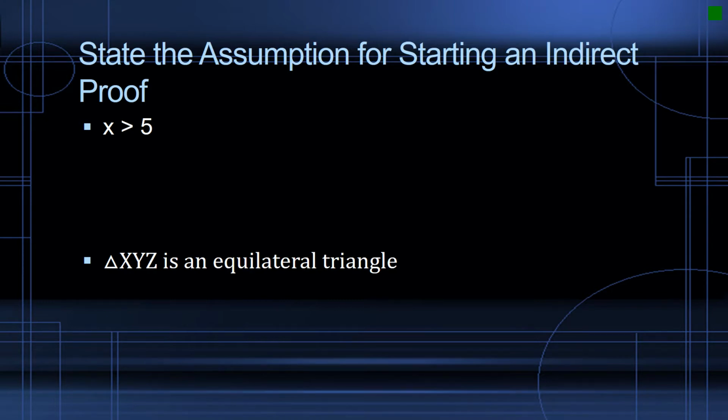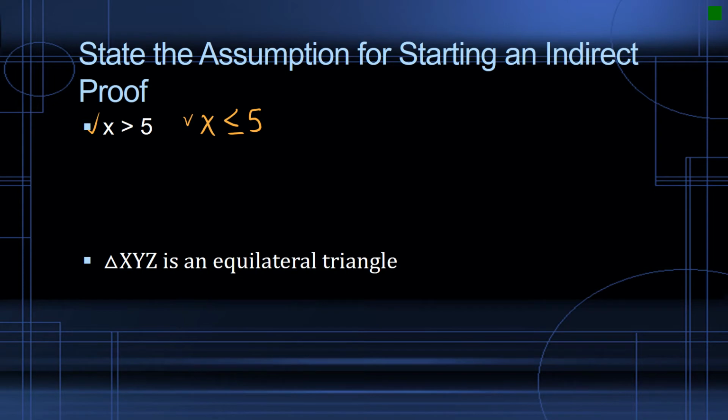So the way we would reframe, let's say x is greater than 5, well, we could say that x is less than or equal to 5. So that's taking the original statement and then stating an assumption that would be the opposite or false of that.